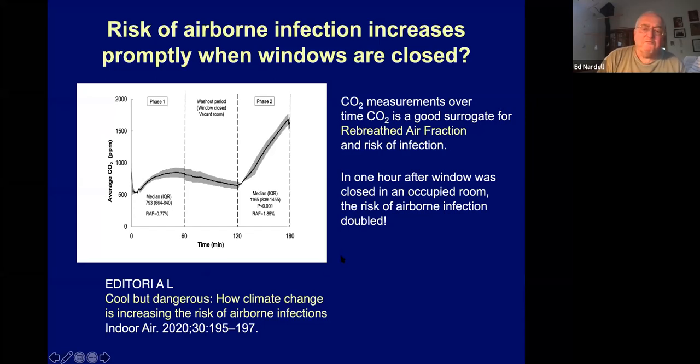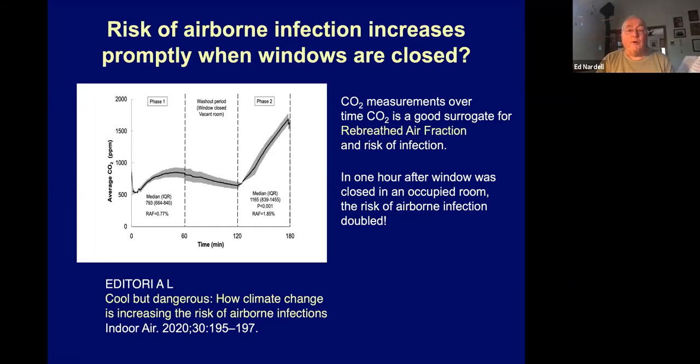So this was referring to tuberculosis and other things in poor countries, but it's exactly applicable to what happens when you walk from the outside to the inside of an air-conditioned room. Not only can't you socially distance as much in a crowded bar or restaurant or school, but you have the windows closed and you're rebreathing the same air in the room that other people have been breathing, and the CO2 levels can go up.